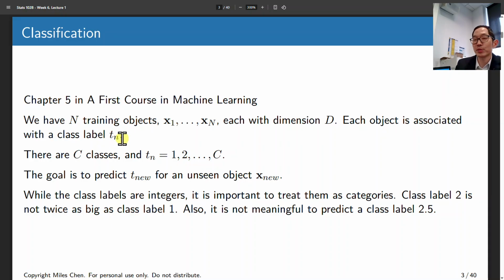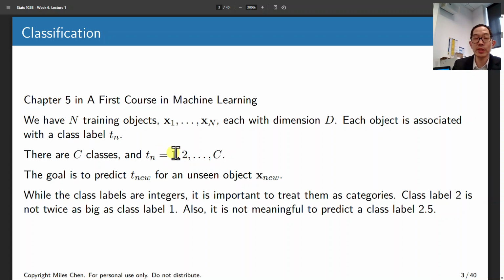And we call these categorical labels T sub n, and our book labels them category 1, category 2, to some letter C, okay? And our goal is that if we get a new observation, we'll be able to predict the category that it belongs to, okay?